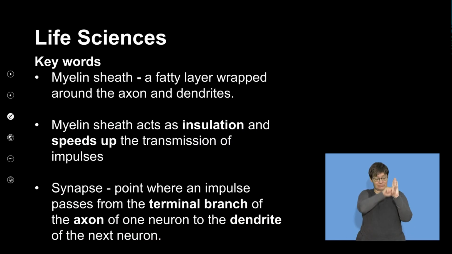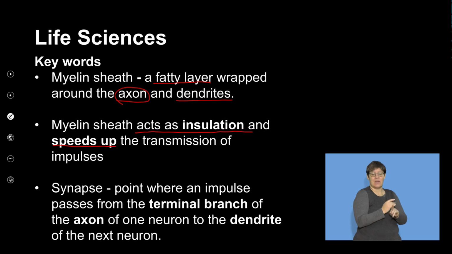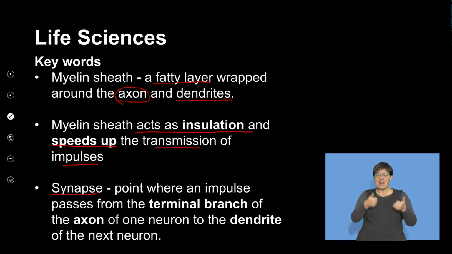Keywords, we continue. Myelin sheath, I did talk about that. It's just a fatty layer that covers the axon and the dendrites of the neuron. And it acts as an insulation, and it speeds up the transmission of impulse. Remember, the function of the neuron is to transmit the impulse. Then we've got another new word there, the synapse.